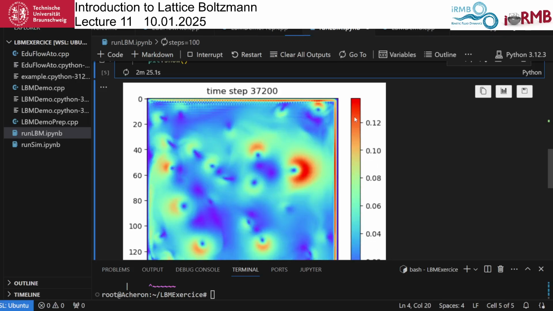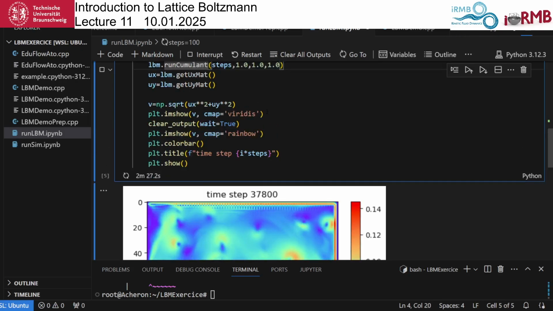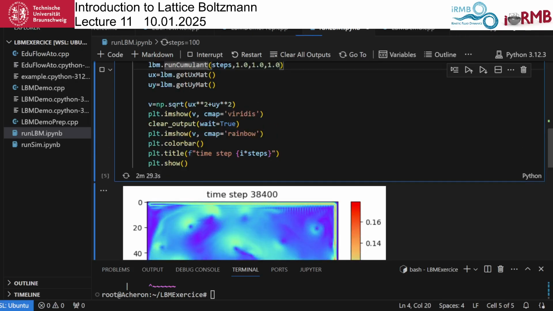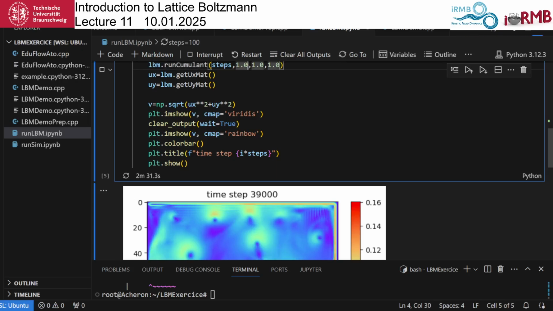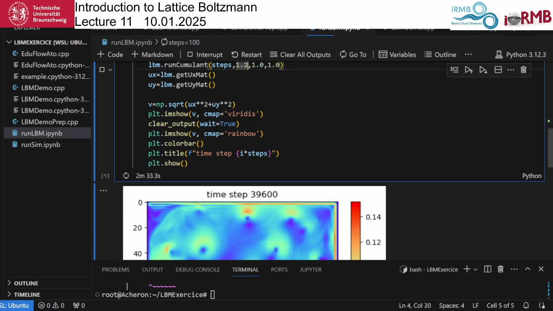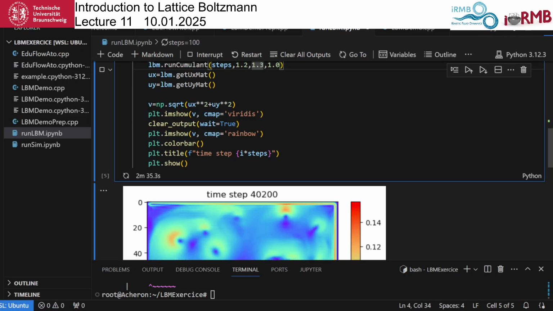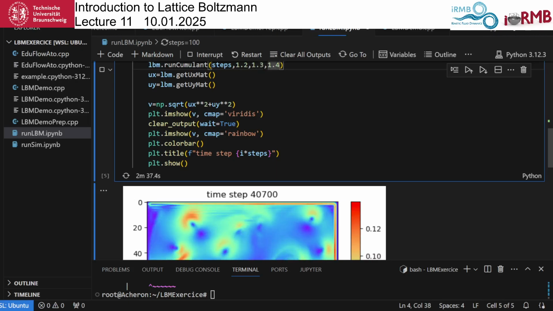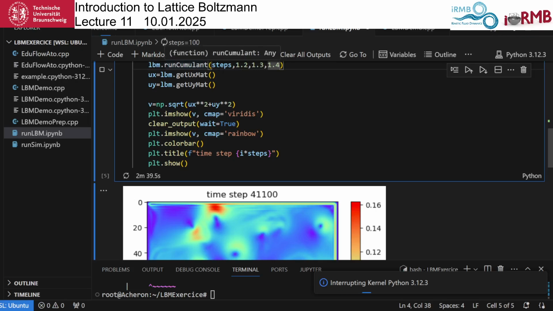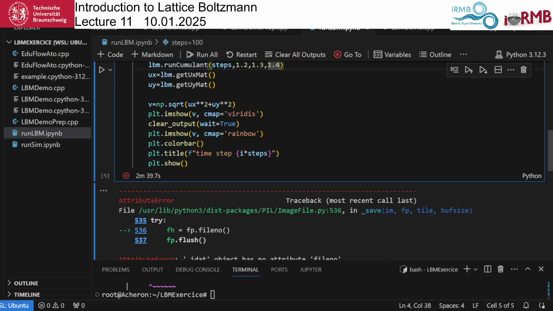No, they don't necessarily all have to be one. They can be different. I don't know what you want to see. Okay, let's try out. I have no idea what happens now. I put 1.2, 1.3, 1.4, okay?